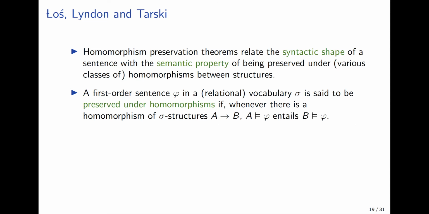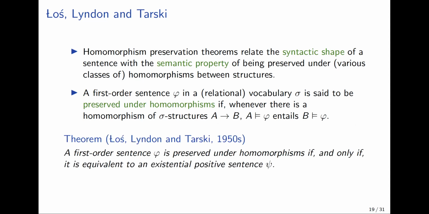And the classical homomorphism preservation result is the one by Łoś, Lyndon, and Tarski, which says that the first-order sentence phi is preserved under homomorphisms if and only if it is equivalent to an existential positive sentence psi. And then there are other results as well for preservation under injective homomorphisms or surjective homomorphisms and so forth. And this is the prototypical one.